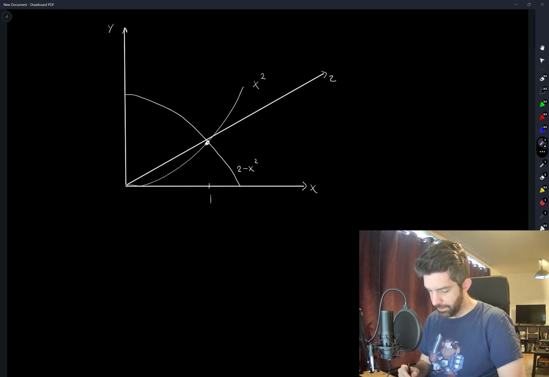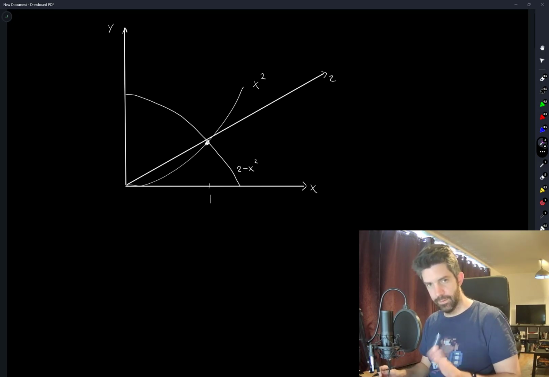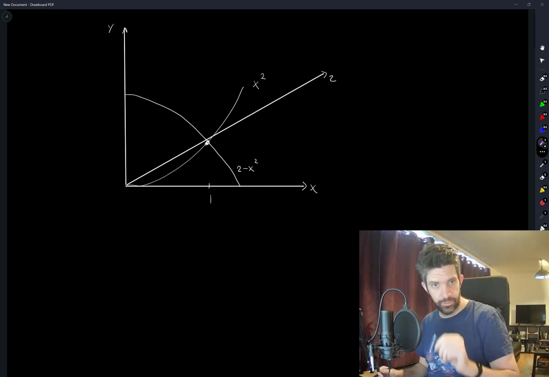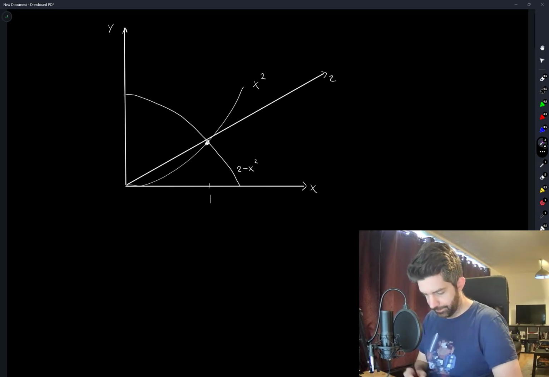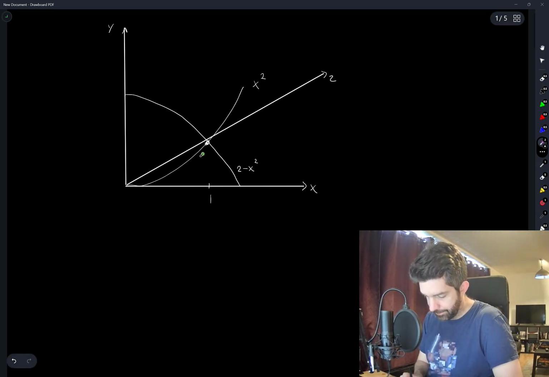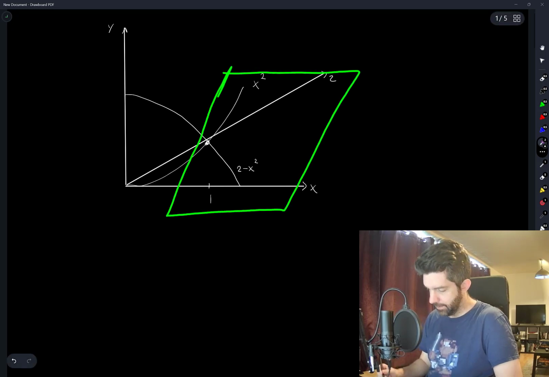And z is equal to y plus 3 is going to give a plane. So how about I figure this out? When y is equal to 0, z is equal to 3. So this plane kind of stretches like that.